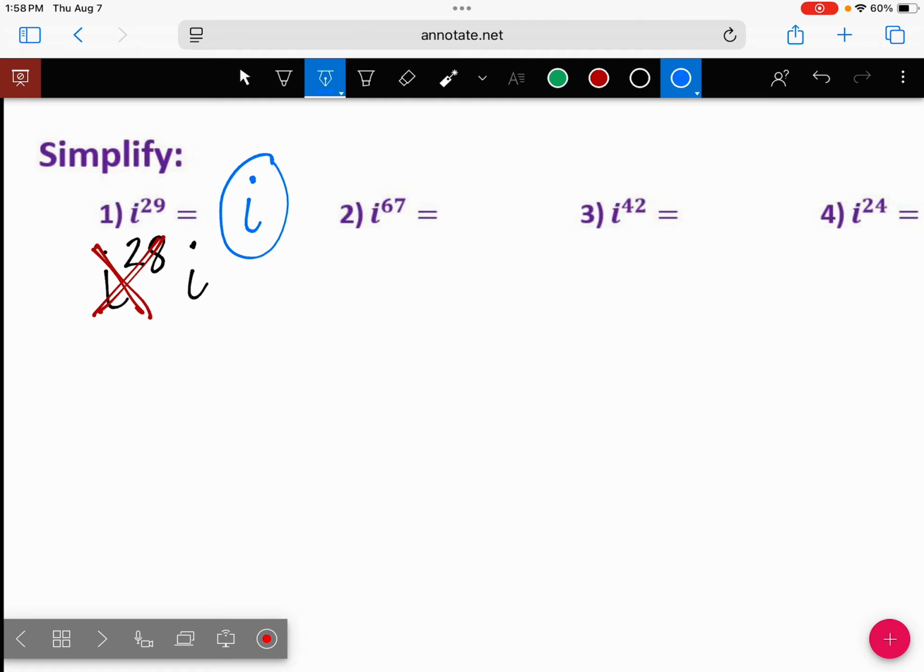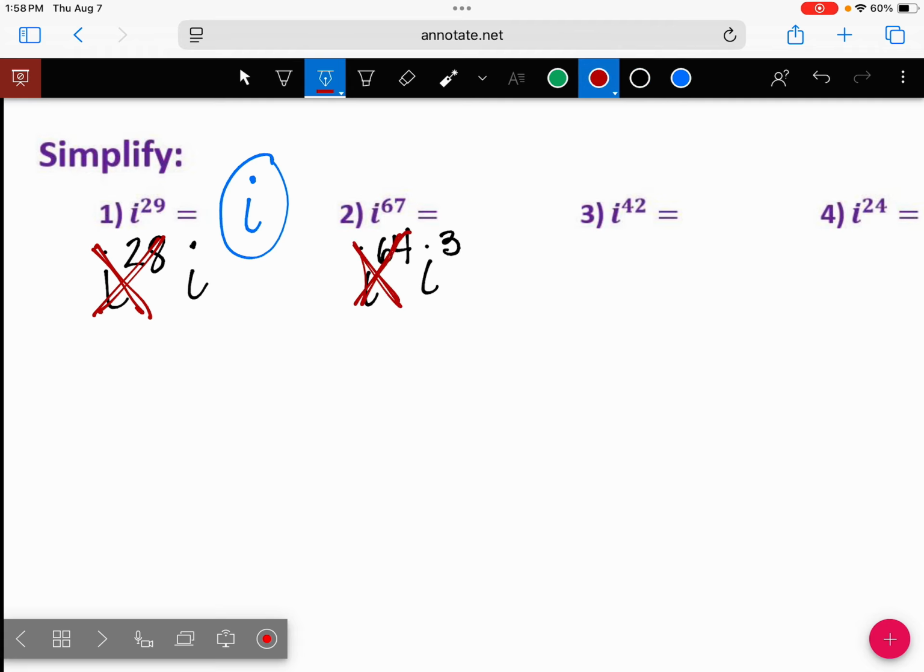All right, 67. Looking at my list, how high can I go without going over 67? 68? 68 is more than 67. 64. So how many do I have left? 3. This cancels out because this equals 1.